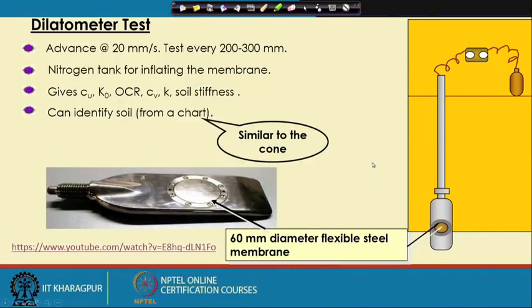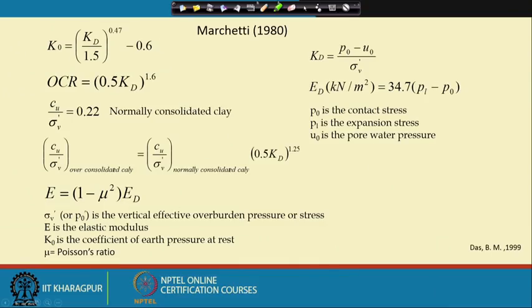Once we get these values, we can use some correlations to get K0, OCR, Cu. As I mentioned, Cu is the undrained cohesion of the soil, and K0 is the coefficient of earth pressure at rest. Here this is the correlation: K0 is (Kd divided by 1.5) to the power 0.47 minus 0.6. Kd you will get from here, where this is P0 minus U0.